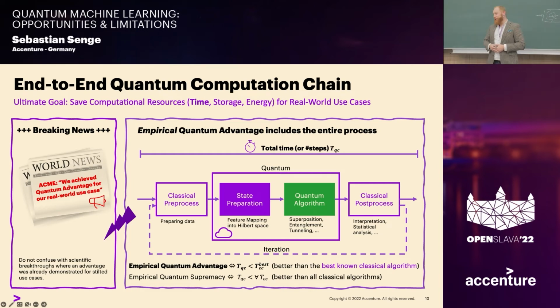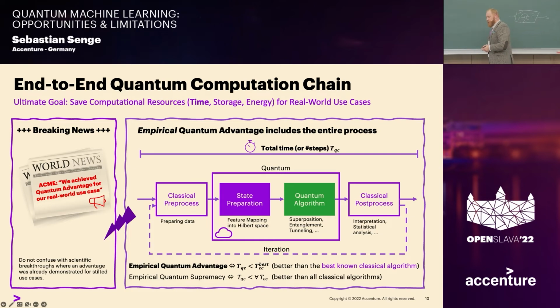What they first do, in many cases at least, is not compare the empirical quantum advantage. Quantum advantage means that we are better than every known algorithm, and quantum supremacy means that we are better than all classical algorithms. Typically we want to stick to the advantage, because for supremacy, theoretically, you first need to prove that P is not equal to NP.